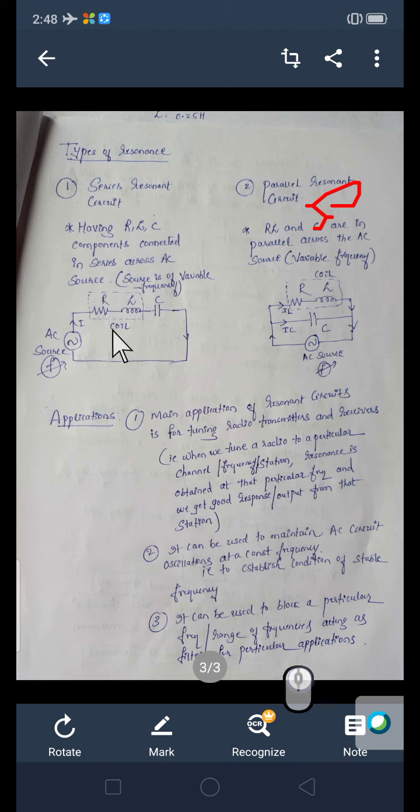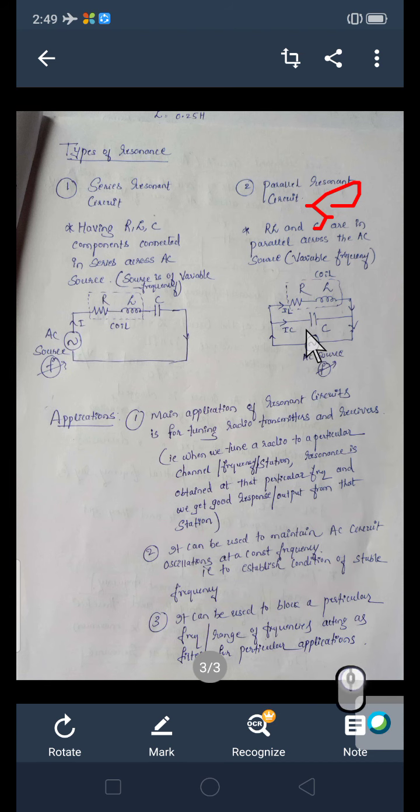This R and L combination, you can call it a coil. Coil is the inductor, R is its internal resistance. I can define the series resonance circuit as the circuit in which coil and capacitor are connected in series with the AC source of variable frequency. This is the series resonance circuit.